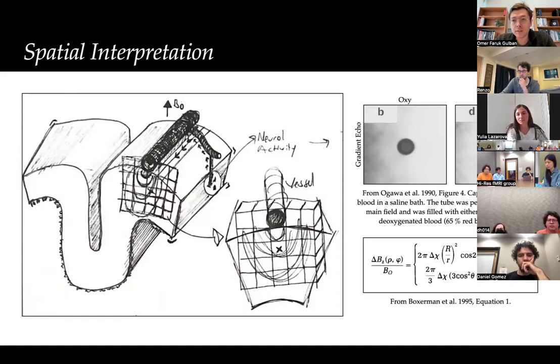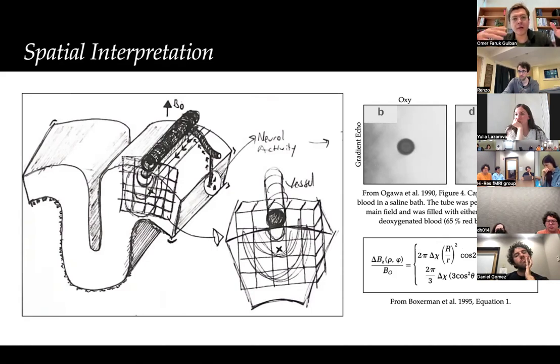Between the oxygenated and deoxygenated conditions in a capillary here, plotted in a gradient echo acquisition, you end up measuring this large extravascular field change. I hope you can see that the wall of the vein is there, but there's an effect outside of the walls. And that effect, as far as my knowledge goes, is nicely captured in Boxerman's 1995 equation 1.